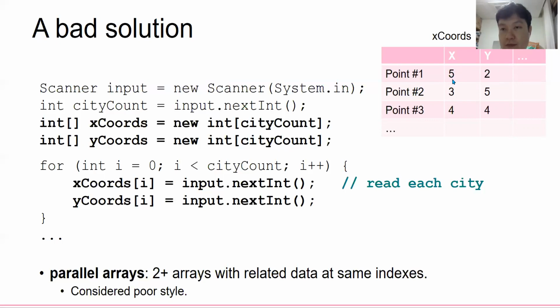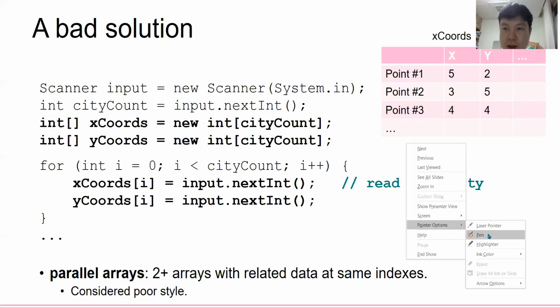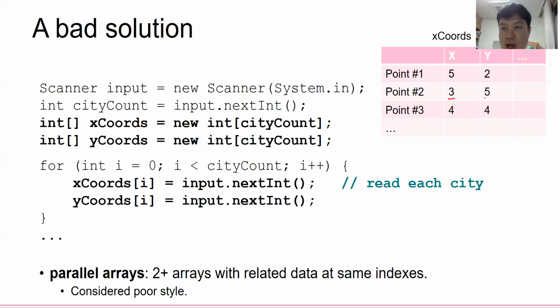So 5 means the x and 2 means the y, and this is for the point number 1. What about the second? We have also the same number. We have 3 for x and 5 for y. For the point number 3, we have 4 for the x and for the y, and so on.